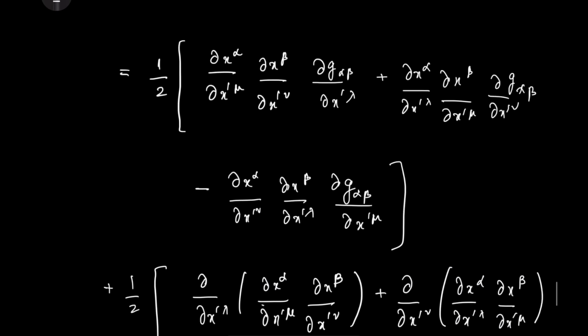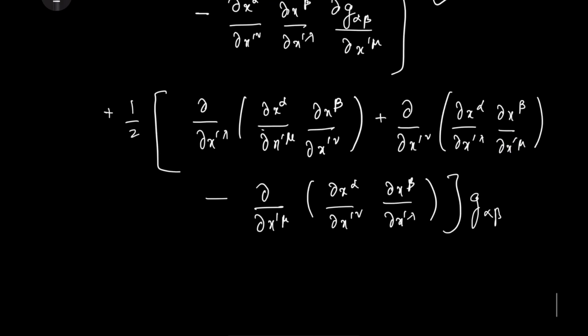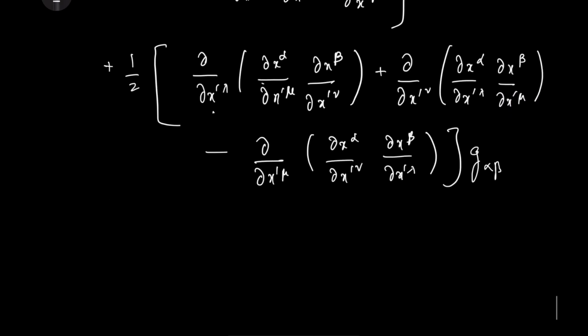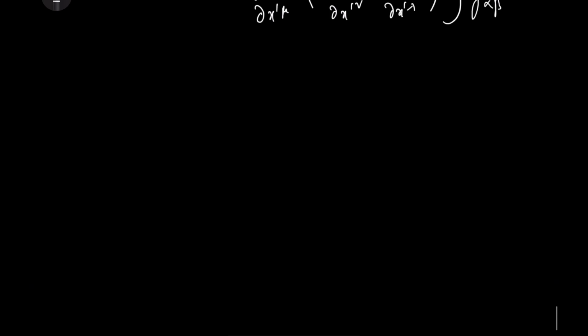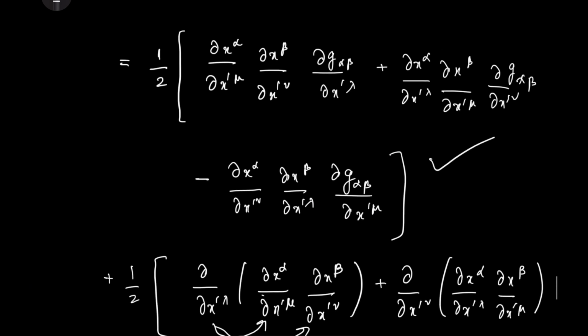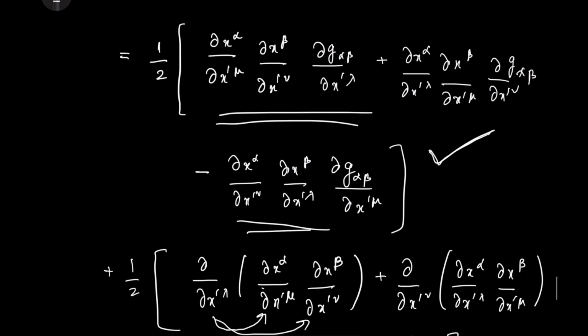Now in the first term it is done. Here we don't have to do anything much, but in the second term again I have to take the derivative. I have to open up all these brackets. So this is equal to half. The first bracket will be as it is, so I'm not repeating it. This we have done.